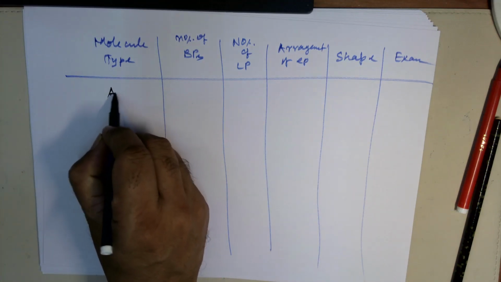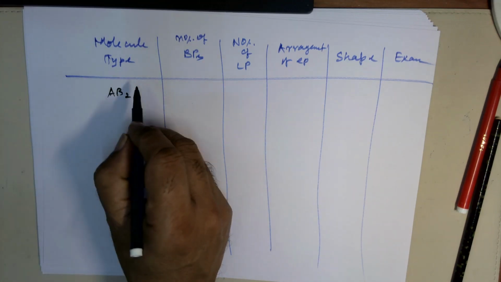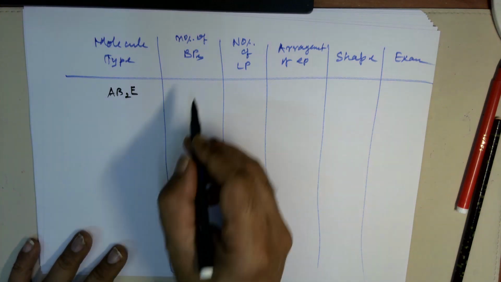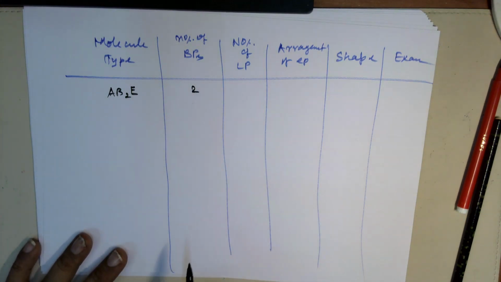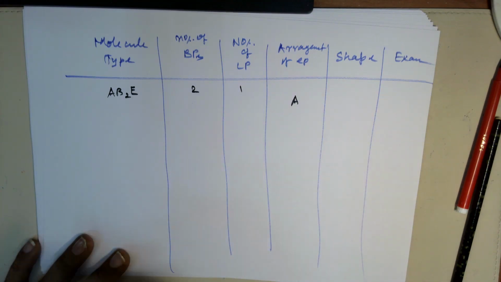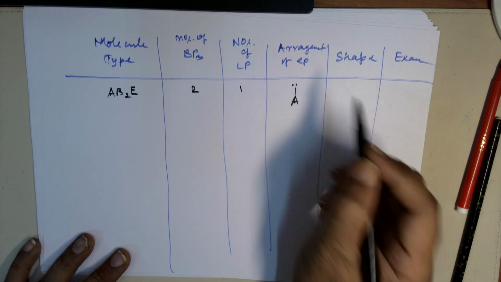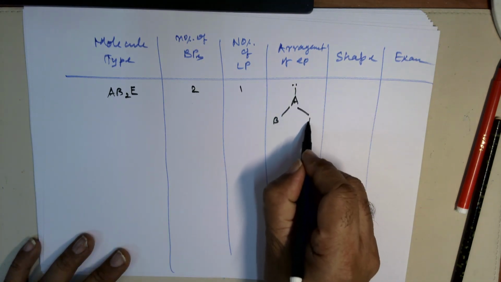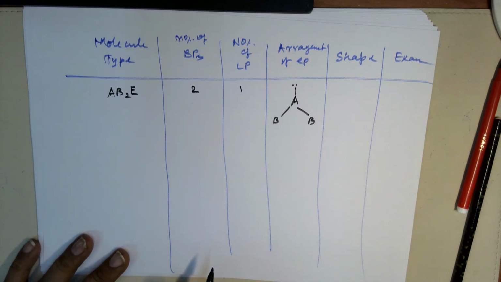So let us consider the AB2E type. Here there are two bonded pairs and one lone pair. For example, the central atom is A, and you have one lone pair and two bonded pairs. Are you able to understand?